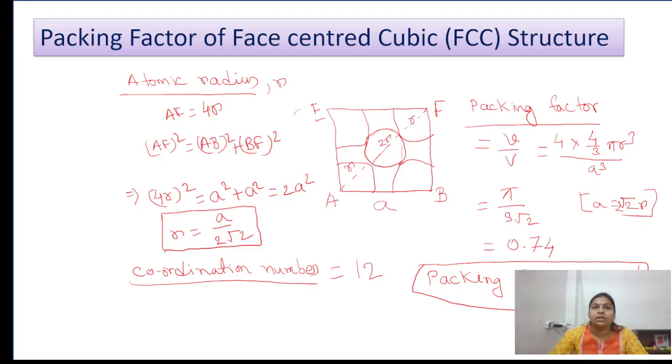Most metals like copper, aluminium, lead, and silver have this FCC structure.